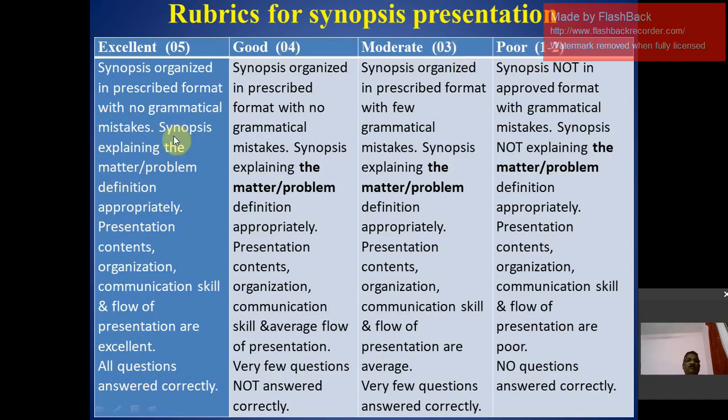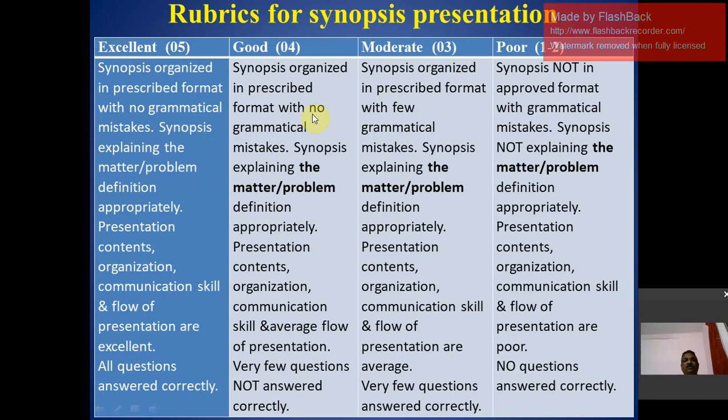If the synopsis is organized well, the presentation is excellent, the communication flow is clear, and all questions are answered correctly, then we can give full marks for the synopsis presentation.